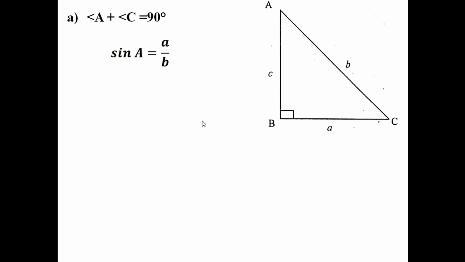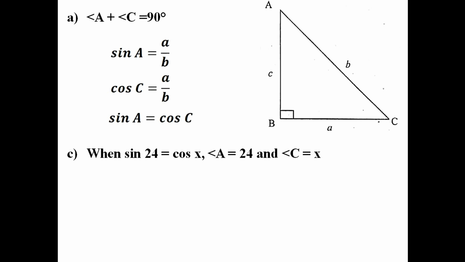Now we know cos means adjacent side by hypotenuse, which is the adjacent side of angle C here, A, and hypotenuse B. So cos C equal to A by B. That is sin A equal to A by B and cos C also equal to A by B. Therefore we can say sin A equal to cos C. Now the third part, we have seen sin A equal to cos C. So if sin 24 equal to cos x, angle A equal to 24 and angle C equal to x.